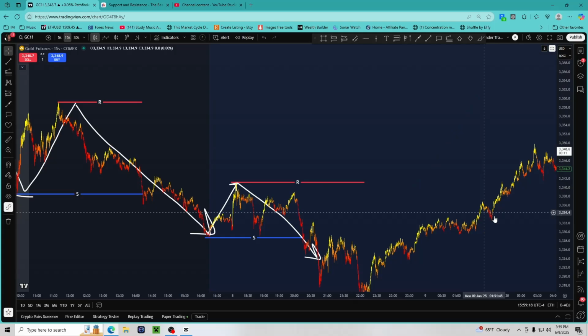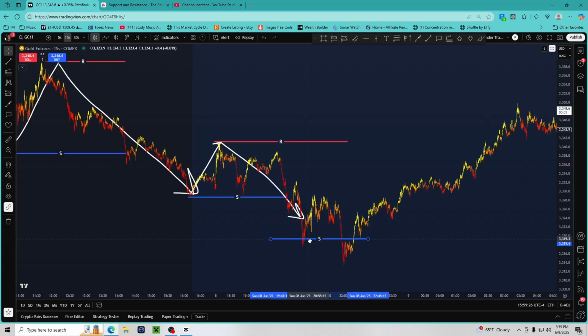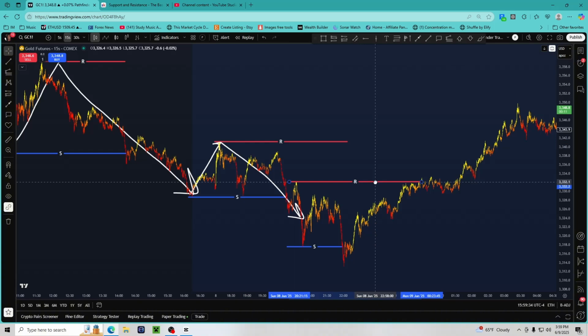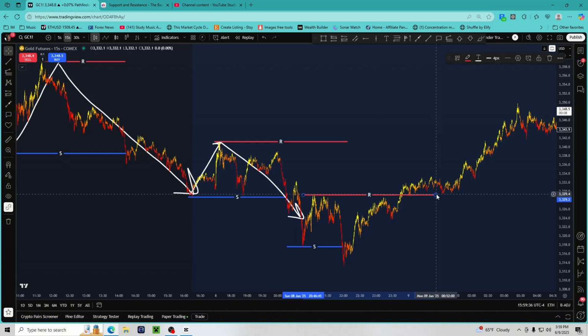So the market continues its trend here, continues to find support, rejects again at resistance in here. It's making the lower lows, pulls back here.